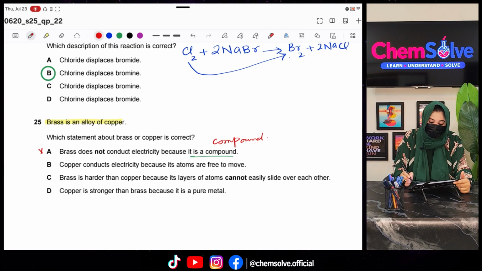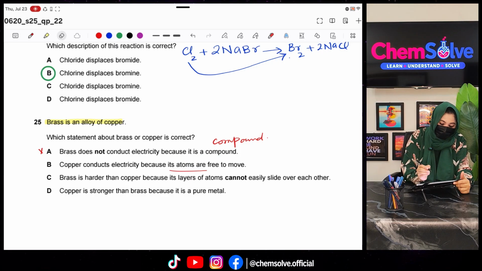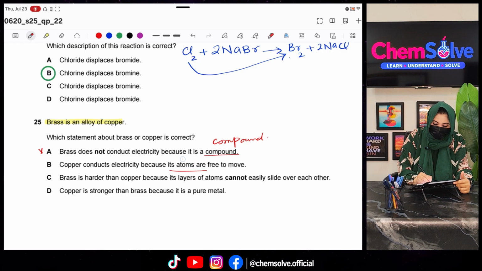Copper conducts electricity because its atoms are free to move. Not at all. I should write free electrons because copper is a metal.